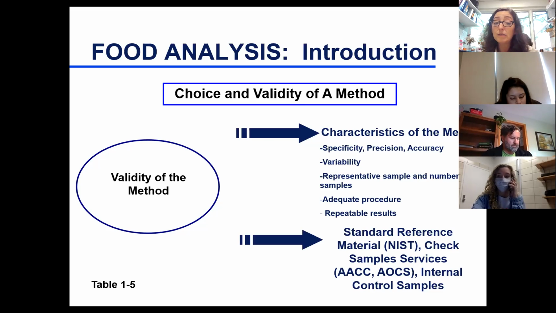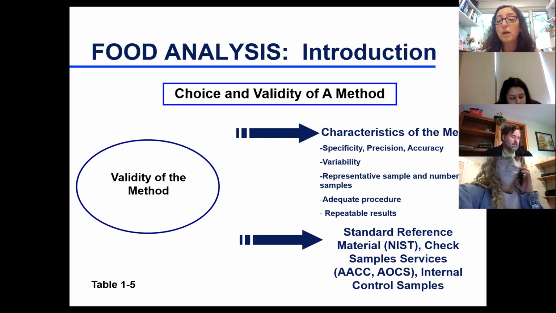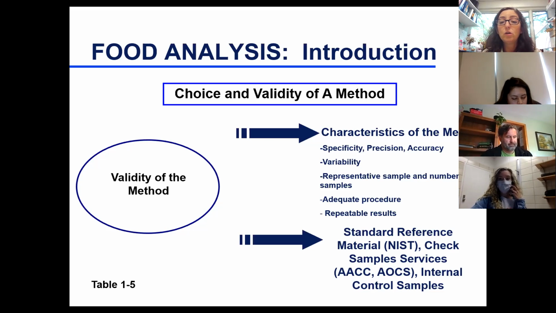And sometimes testing the validity of the method is not just by looking merely at precision, accuracy and repeatability. You can actually get standard products or food samples that you would run using this method to determine its validity and compare your results to official methods.